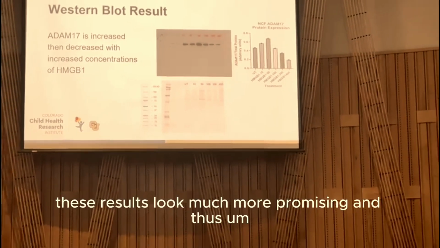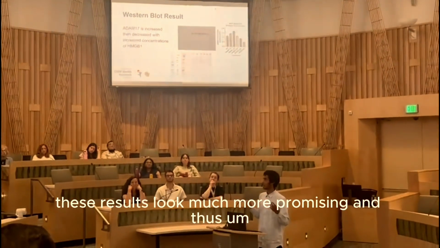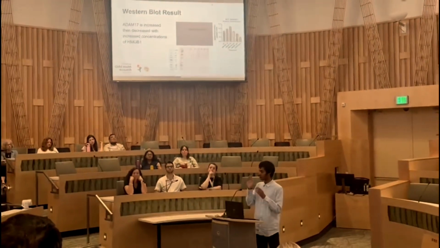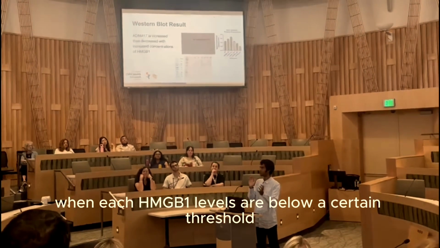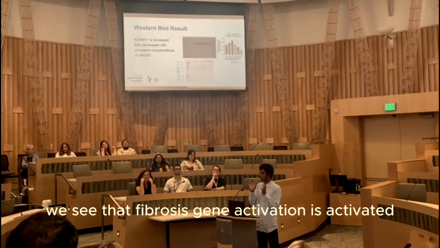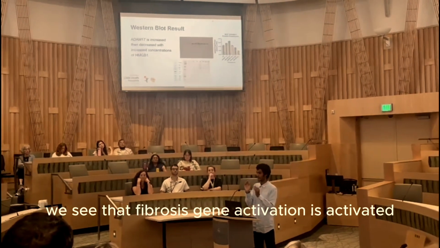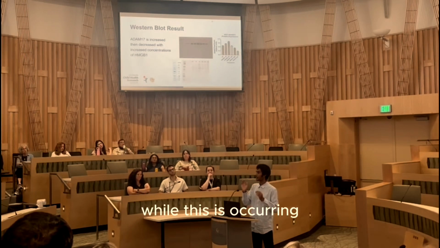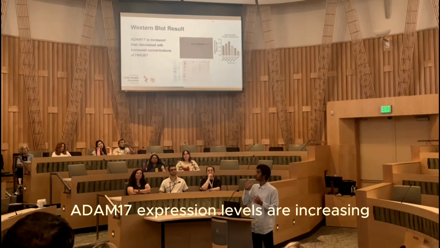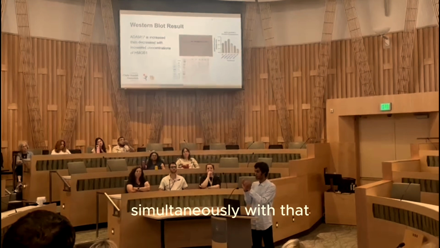These results look much more promising, and thus we could see that when HMGB1 levels are below a certain threshold, we see that fibrosis gene activation is increasing. While this is occurring, ADAM17 expression levels are increasing simultaneously with that.